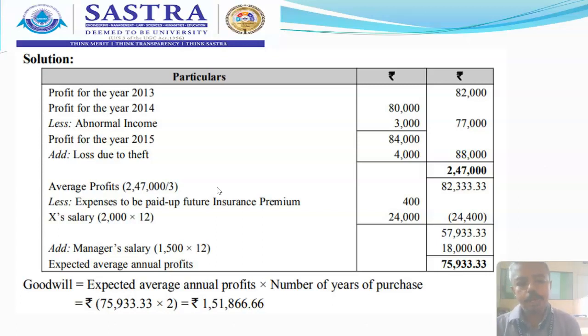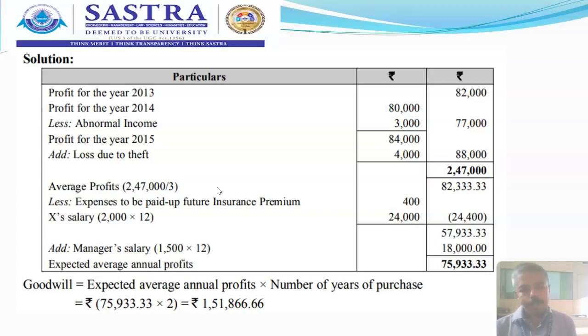Then the loss due to the theft, which happened in year 3. It was already subtracted, so they arrived at 84,000. But it was not supposed to be subtracted because it's not going to be regular in future. So we need to add that again to bring the actual profit.